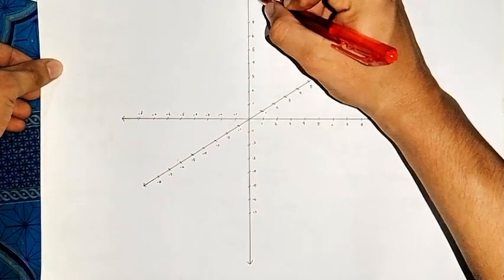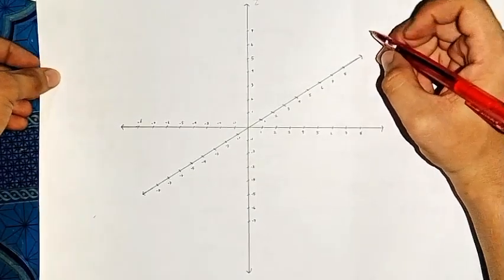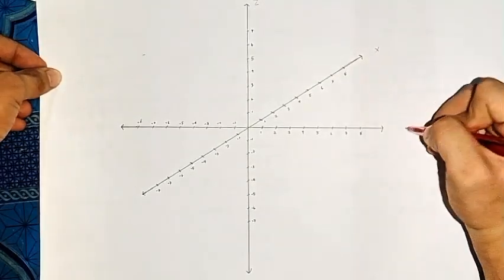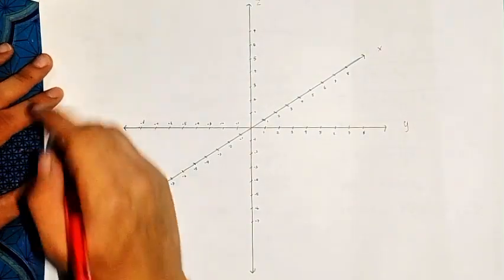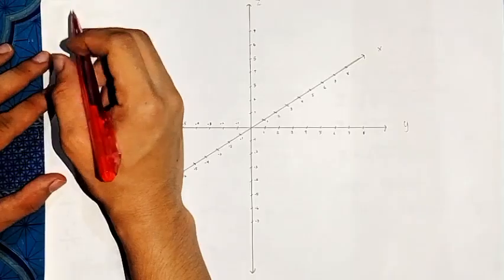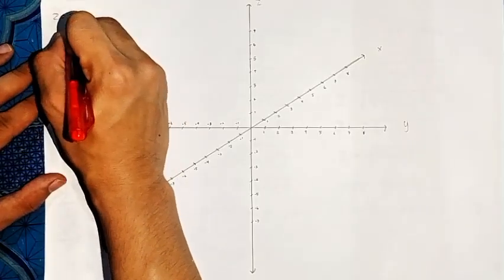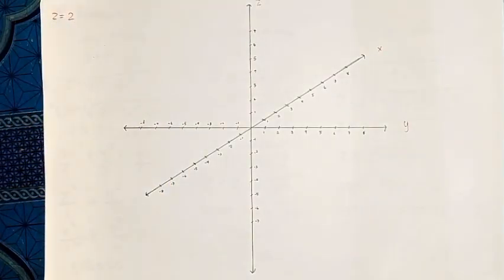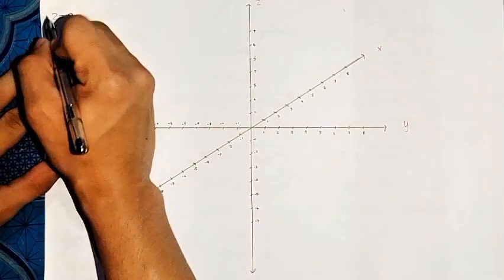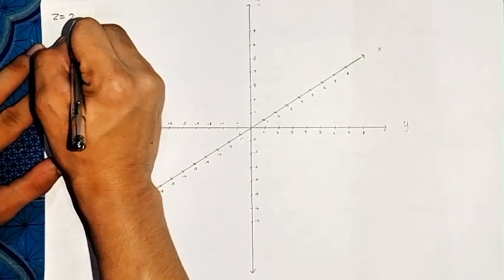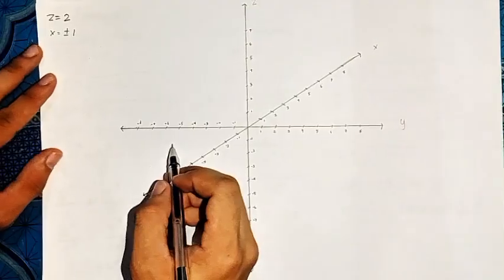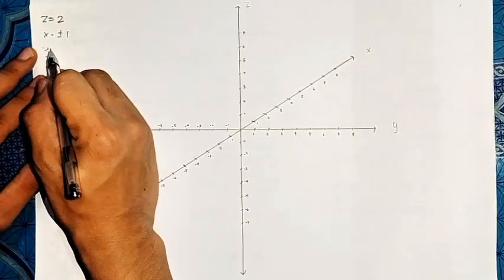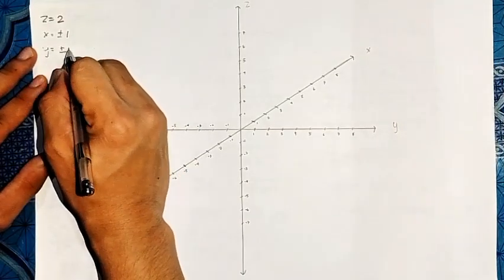So this is the z, this is the x, and this is the y. Now, again, our intercept earlier is z is equal to 2. I will use a black ball pen. So z is equal to 2. We also have x is equal to positive and negative 1, and y is equal to positive and negative 2.